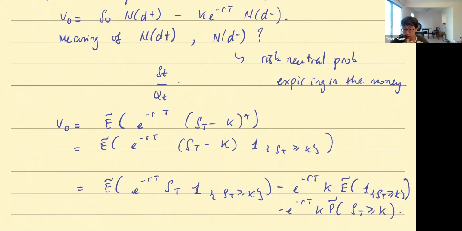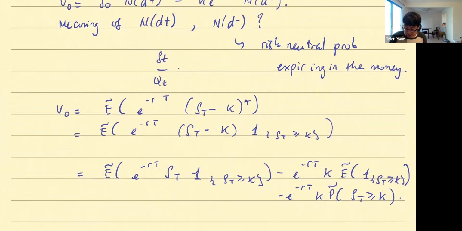What about ND plus? ND plus, somehow, is this term. But you cannot factor out the ST like that, because it's a random variable. But you know that somehow it should be S0 ND plus. Agree?